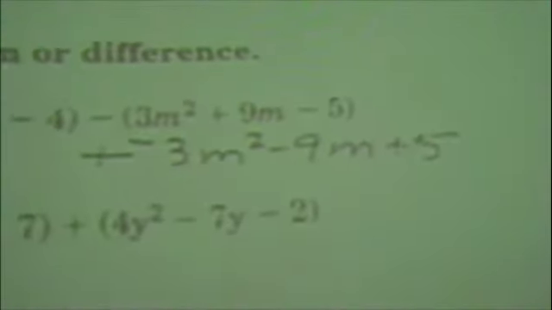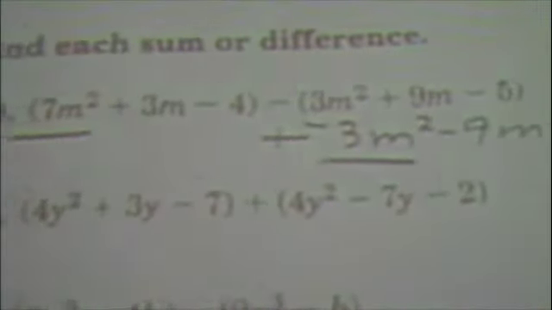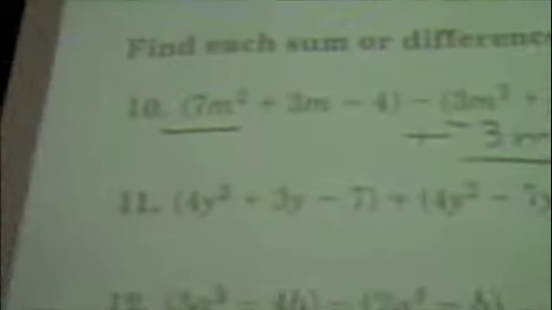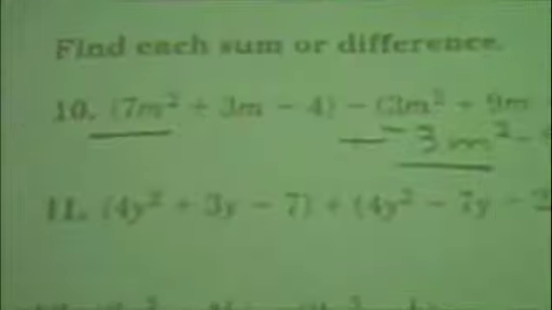Now, you may be able to do that mentally, but if not, write it down. 7 minus 3 is going to give me a 4m squared. 3m minus 9m minus 6m, negative 4 plus 5 plus 1. The addition is easy.